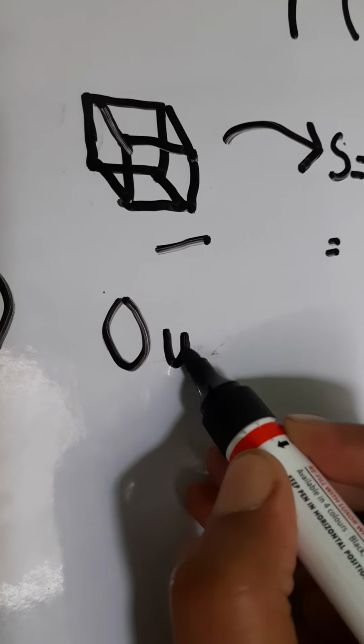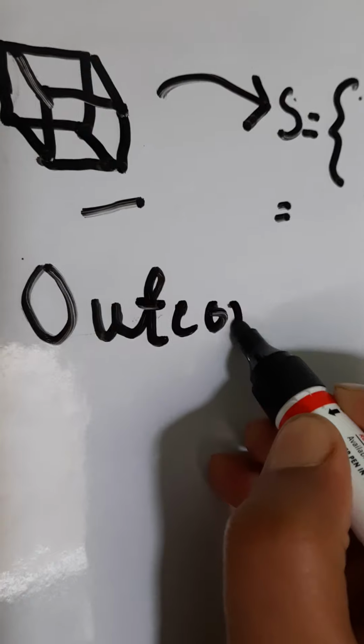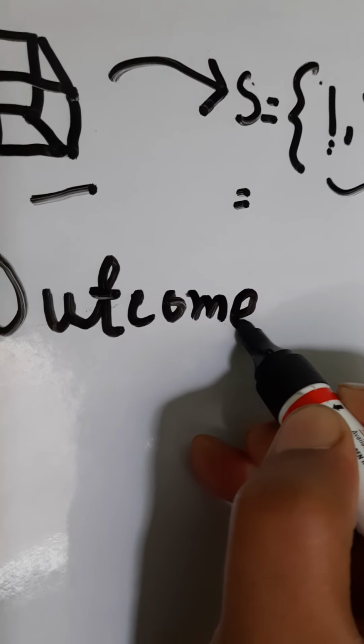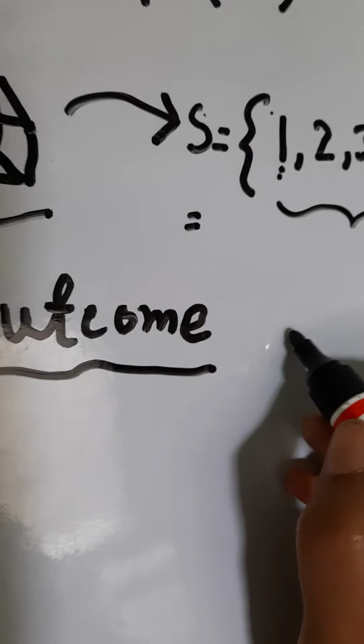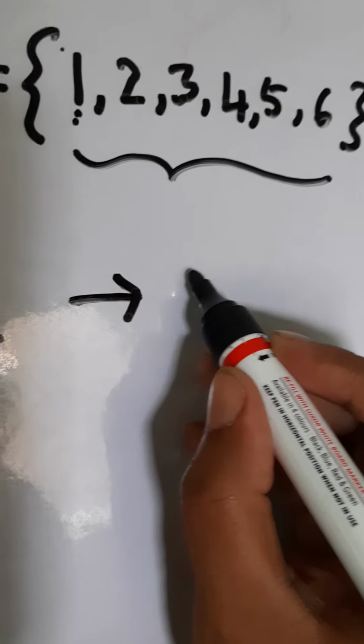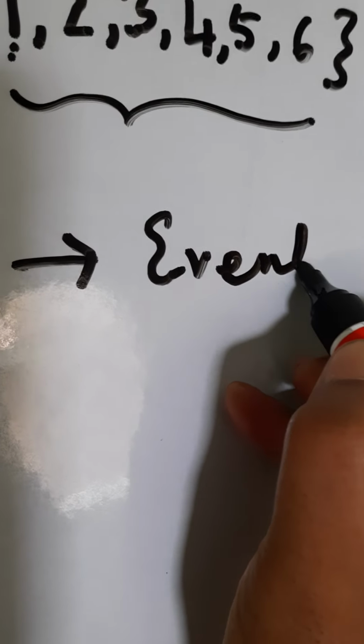Now I am going to point number 2 about outcomes. Outcomes may be combined to form events. Let us see what is that.